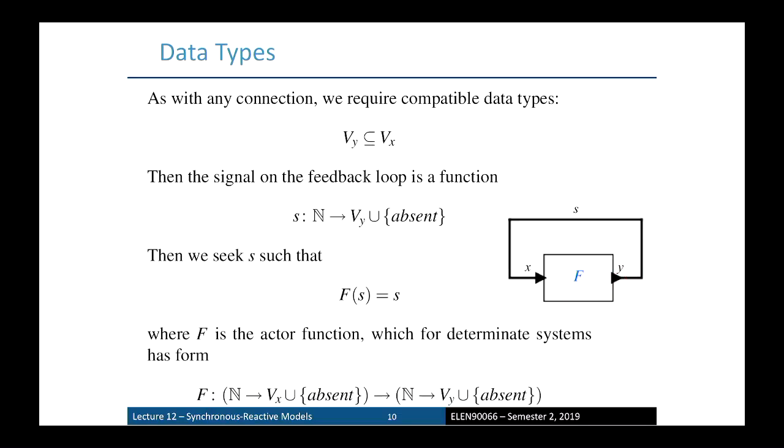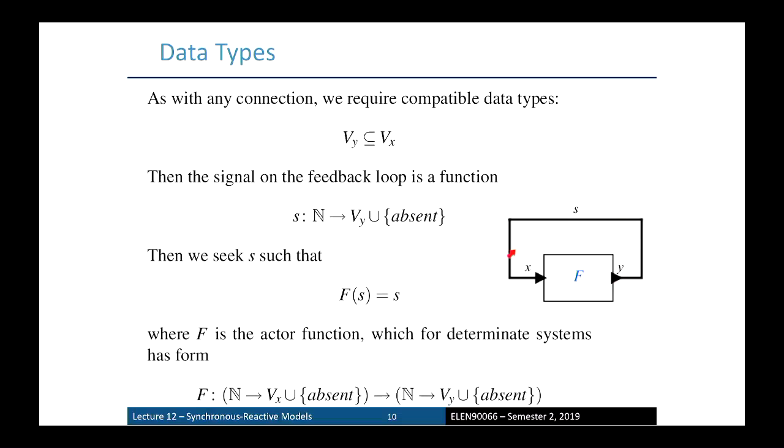But the space of output signals here is a subset of or equal to the full set of input signals here. If you think about the acceptable input signals, the space of signals, Vy has to be a subset of the allowable input signals. It can't be the other way around.